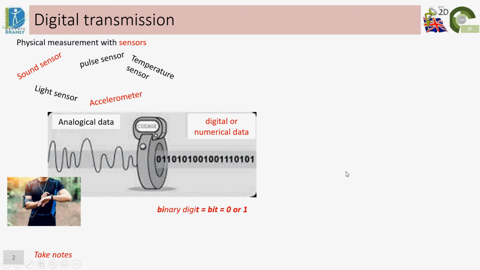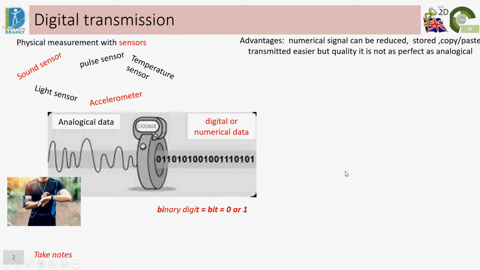Why? Because in fact, the advantages are important. The numerical signal can be reduced, stored, copy-paste, transmitted easier than analogical data, but the quality is a little bit worse. It's not as perfect, it's not as good.